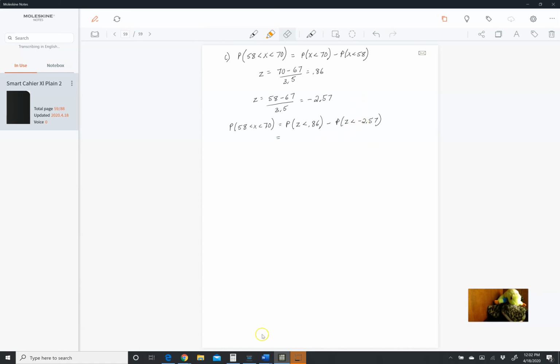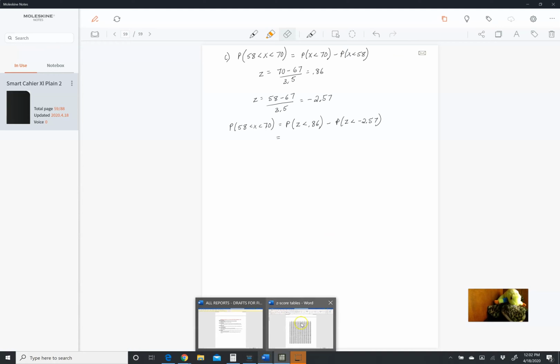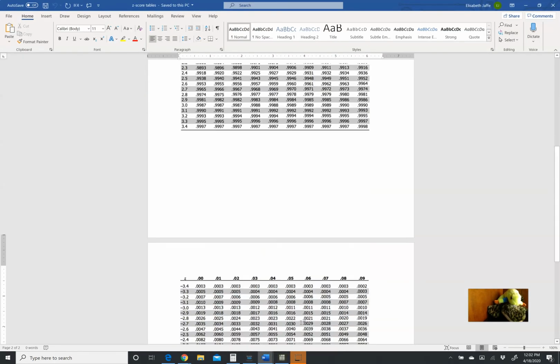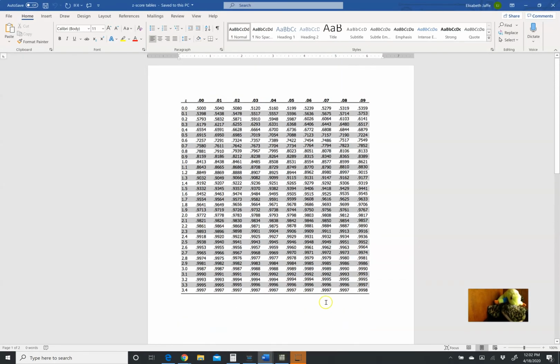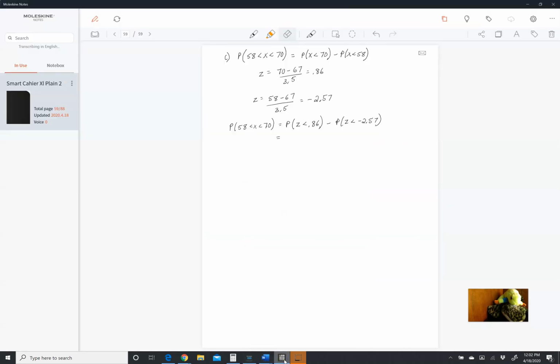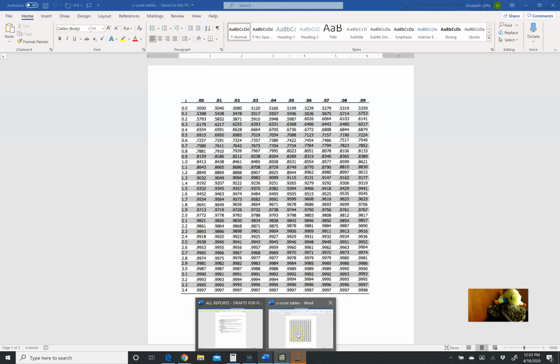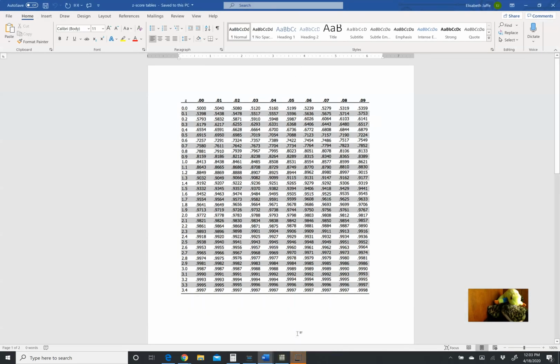So let's go to our z-score chart. We go to 0.86, which is 0.8051. Let's fill that in. Now we go to negative 2.57.